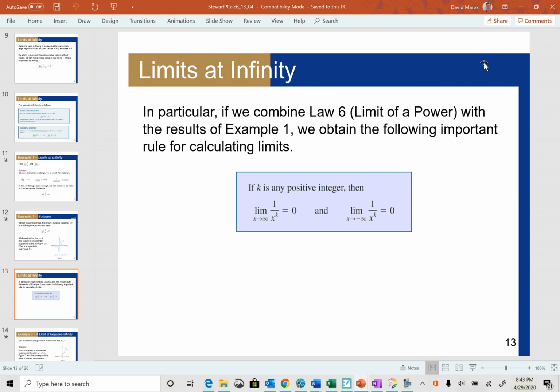So if we go back all the way to law 6, limit of a power, 1 over k to the x, doesn't matter if we're going to positive or negative infinity. Again, just 1 over that constant, k to the 5th power, k to the negative 17th, whatever k is, the limit of that reciprocal function is always going to be 0.